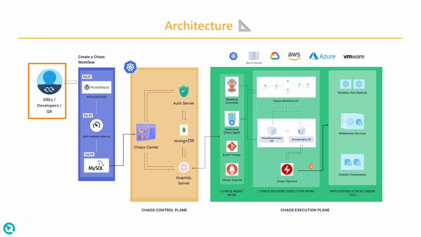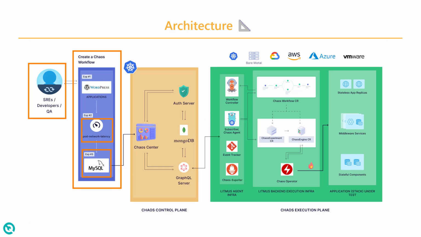It could be SREs, developers, performance engineers, performance testers, or QA people who will launch the LitmusChaos UI and create the experiments. In this diagram, we have experiments for WordPress, a pod network latency experiment, and a MySQL experiment.